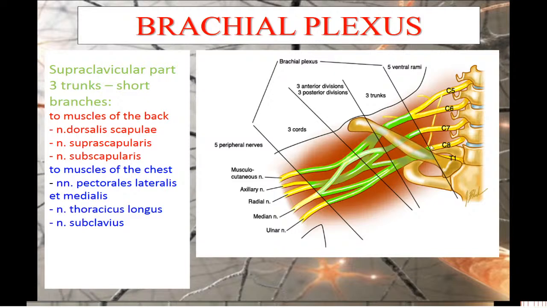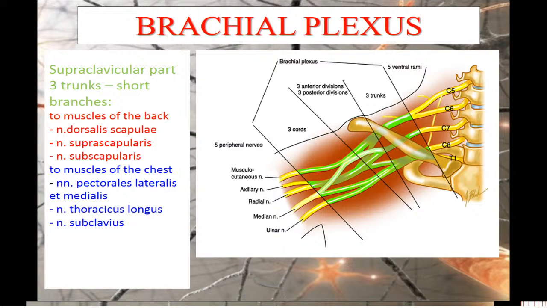The supraclavicular part of the brachial plexus mainly gives rise to the short branches of the brachial plexus, and the infraclavicular part gives rise mostly to the long branches. For better memorizing, the short branches of the brachial plexus can be subdivided.